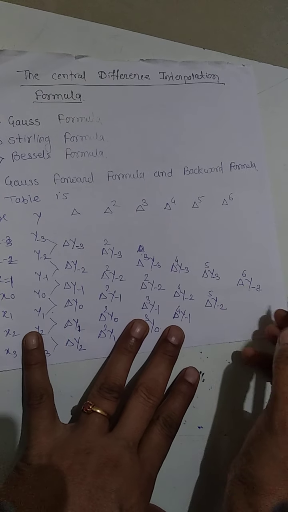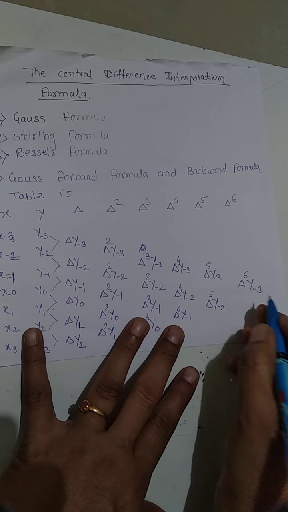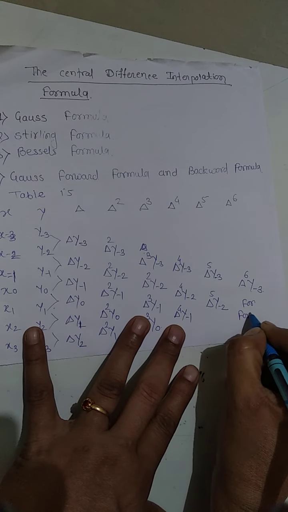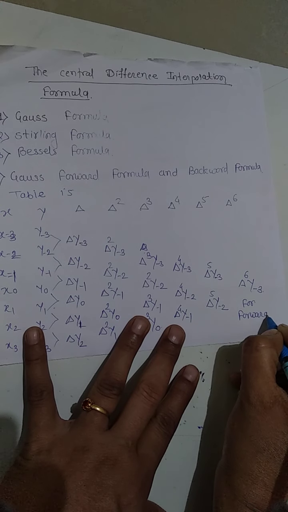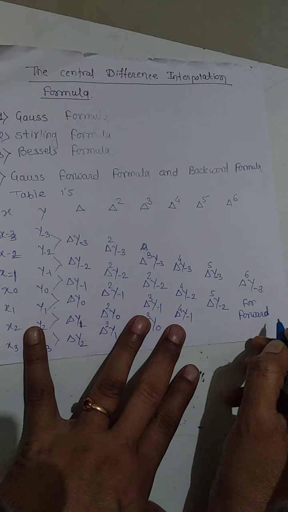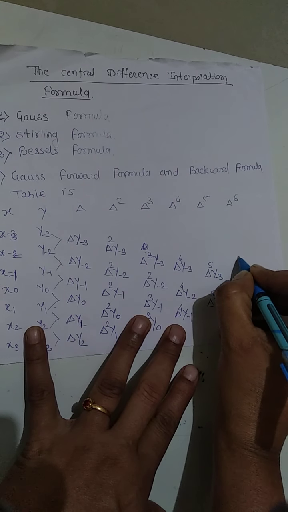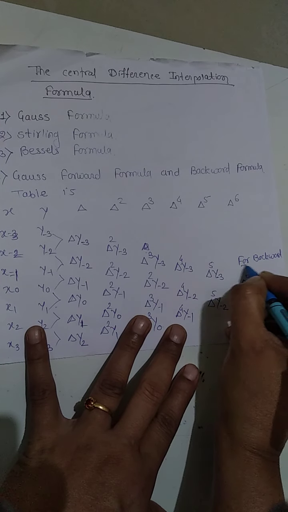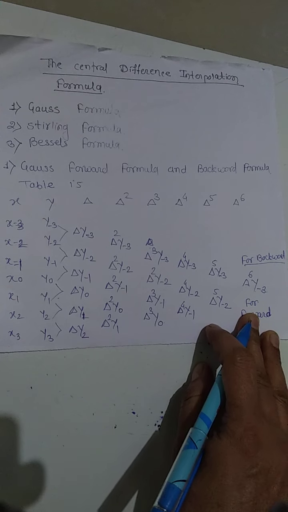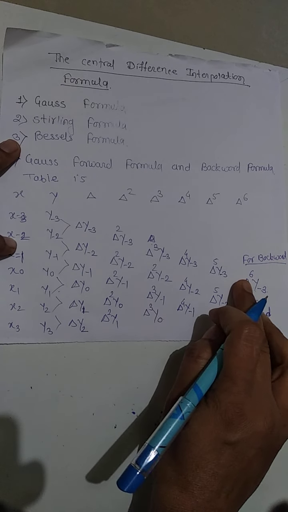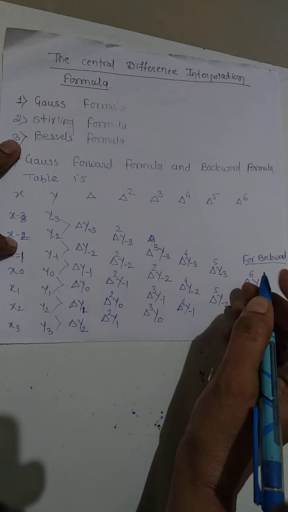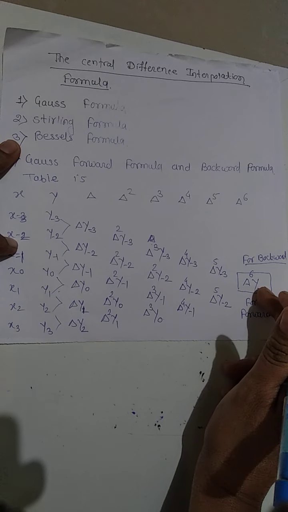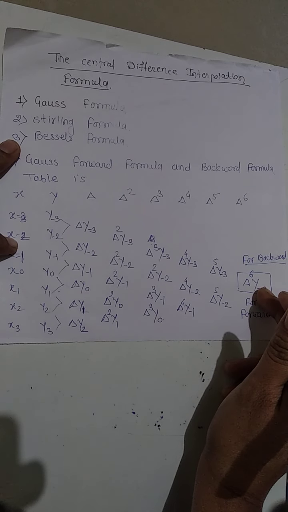The values of the backward operator are as below, for the forward operator and for the backward. This is the backward operator. First, this is both forward as well as backward.